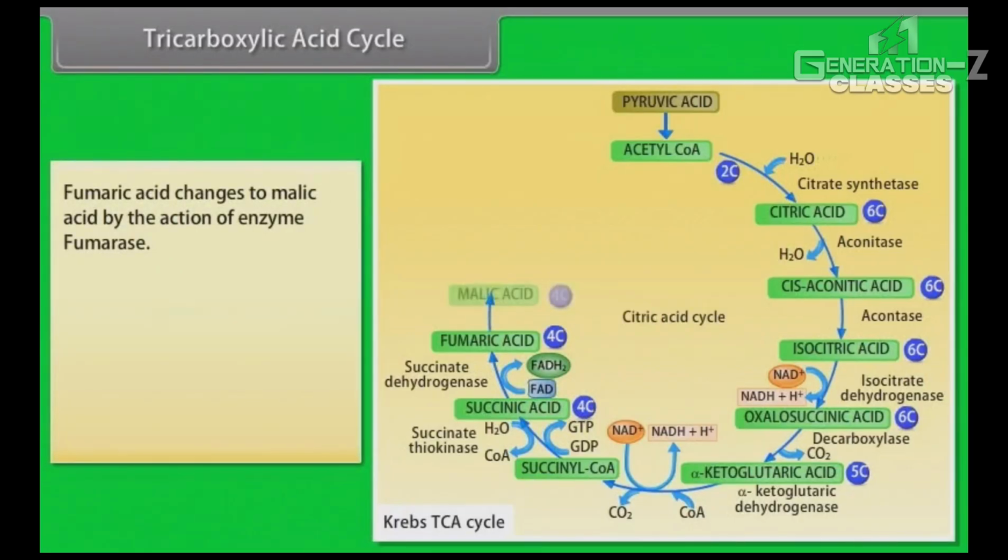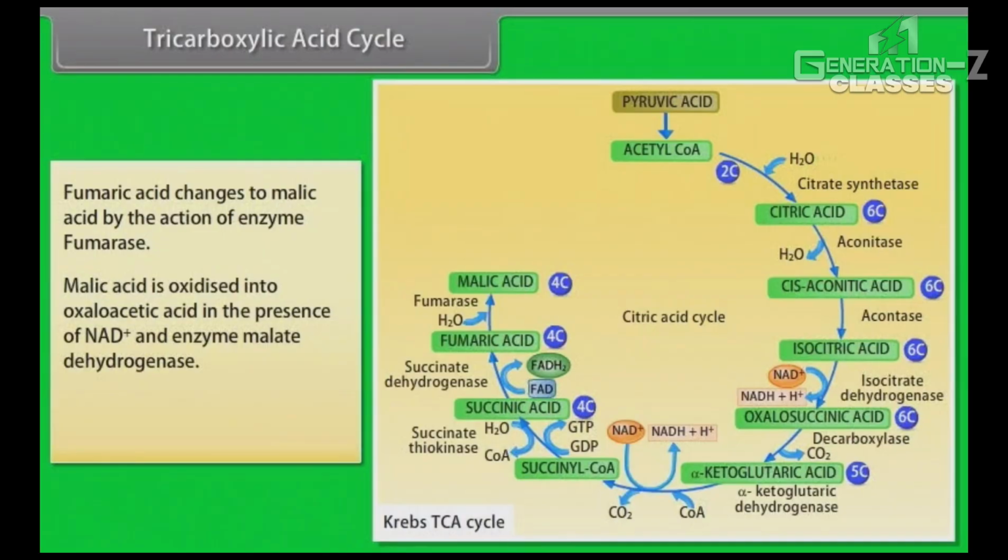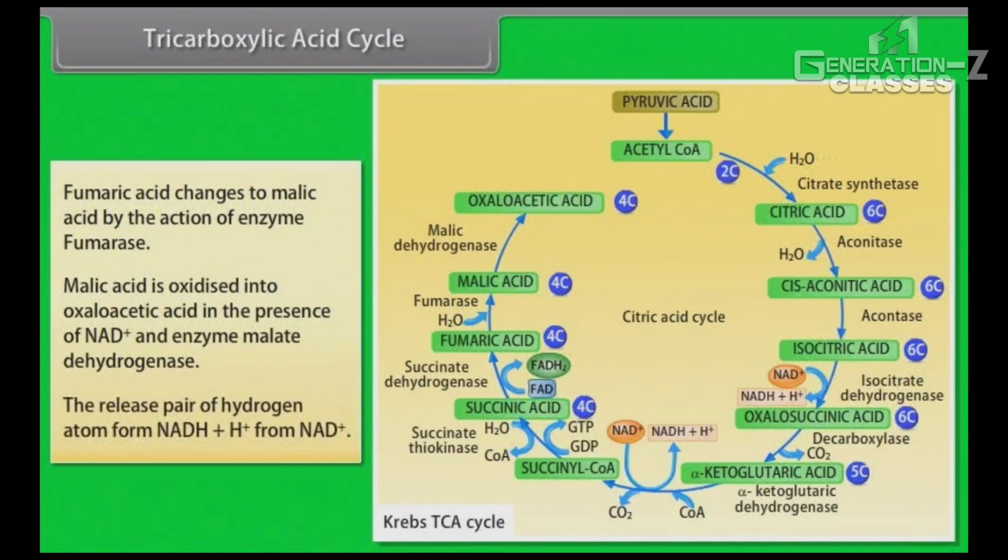Fumaric acid changes to malic acid by the action of enzyme fumarase. Malic acid is oxidized into oxaloacetic acid in the presence of NAD+ and enzyme malate dehydrogenase. The released pair of hydrogen atoms forms NADH, H+ from NAD+.